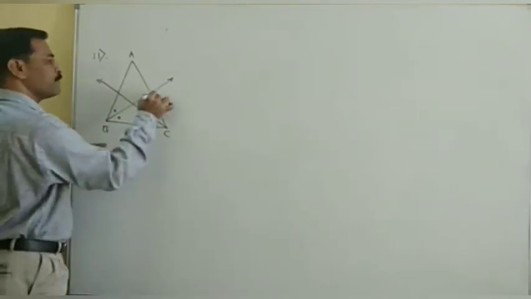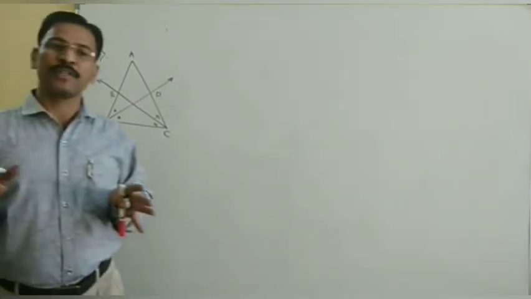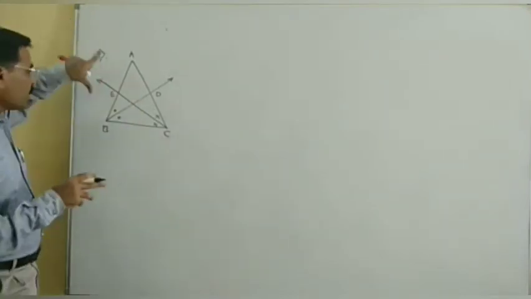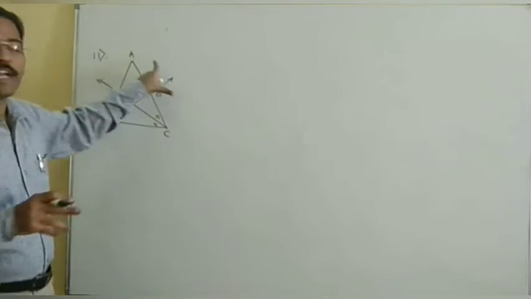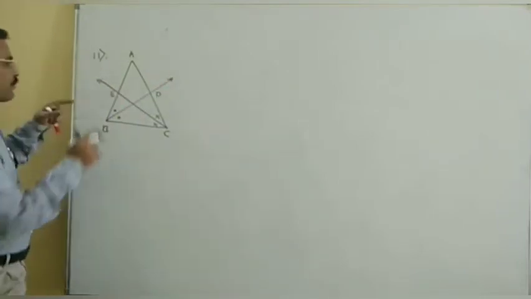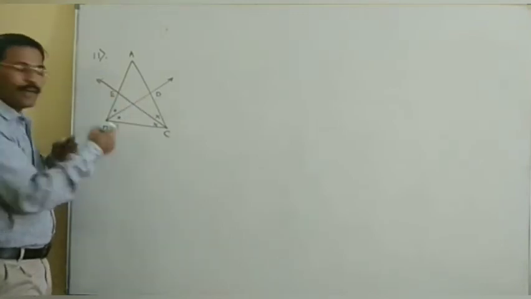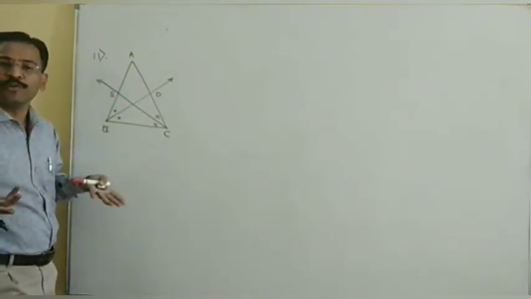We'll write here first BD and ray CE. So from this information, and at the same time they are given to us that AB is equal to AC also. From that we are going to find whether this ED is parallel to BC or not. That one we are going to verify.